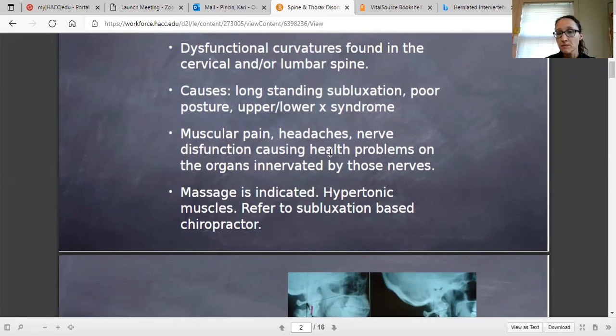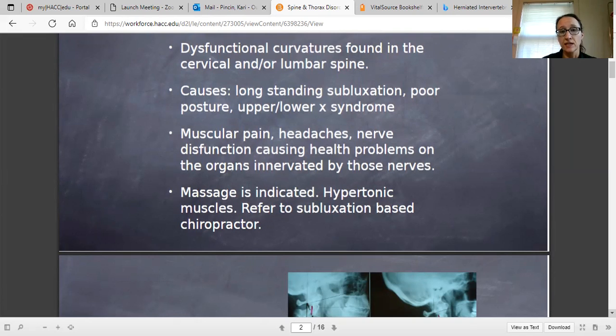And actually, in some cases, it can cause issues with the organs and organ systems that are affected by those spinal nerves that exit in the lumbar area. So, lots of different symptoms, lots of different causes.